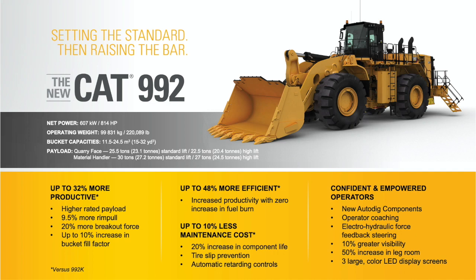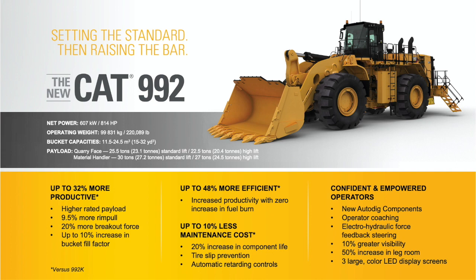We have a higher rated payload, starting with the payload of 25.5 U.S. tons or 23.1 metric tons in a typical quarry face or mining face type application for the standard lift, and 22.5 tons or 20.4 metric tons on the high lift application.